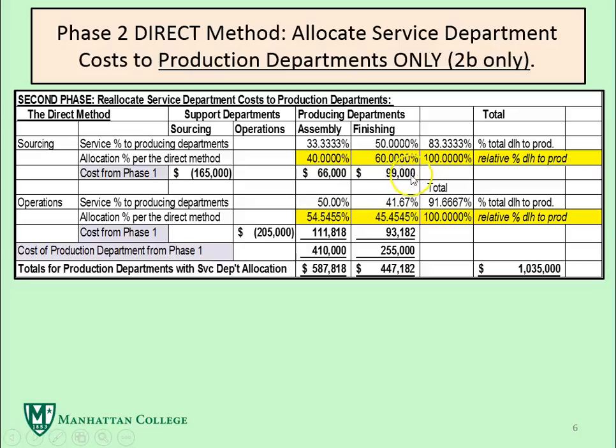Adding the $99,000 plus the $93,182 to the original cost of the finishing department from phase 1 of $255,000, now we have $447,182. The total for production departments after the service departments are allocated is the $1,035,000 of total cost.